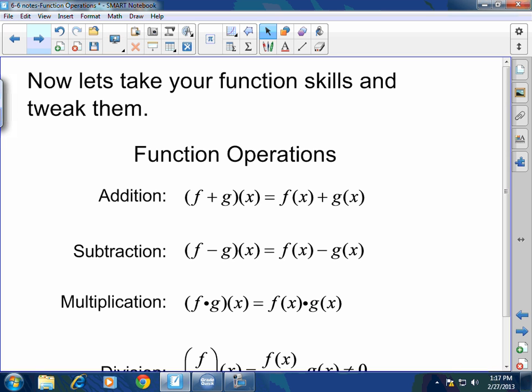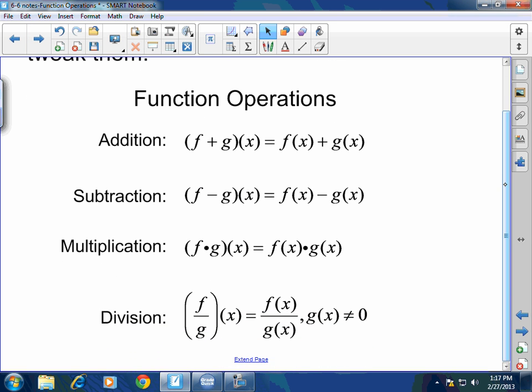Okay. Now let's take your function skills and tweak them. Let's look at the function operations. First of all, addition. If I straight up say to you, f plus g of x, all I'm saying is distribute it, guys. Use the distributive property.